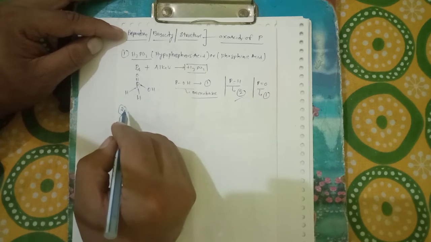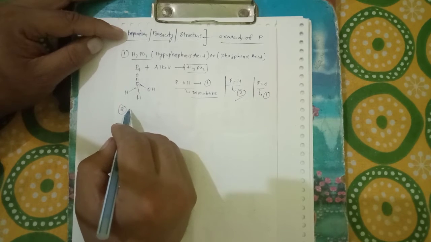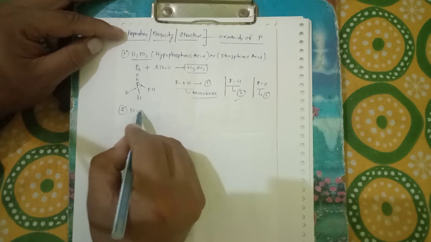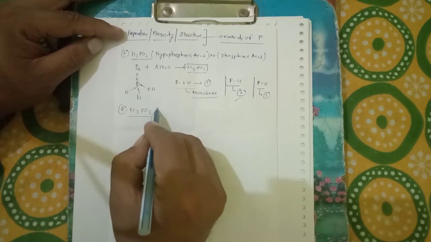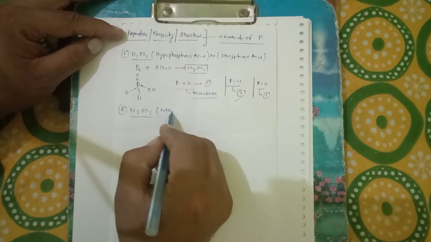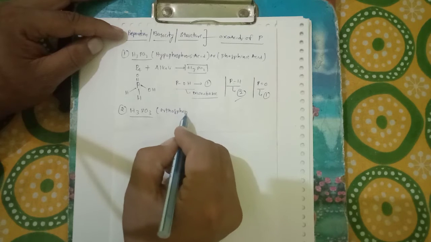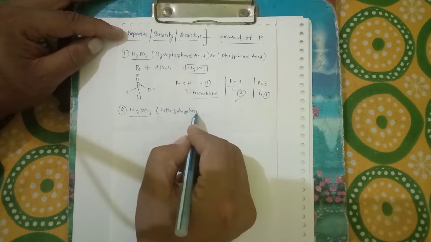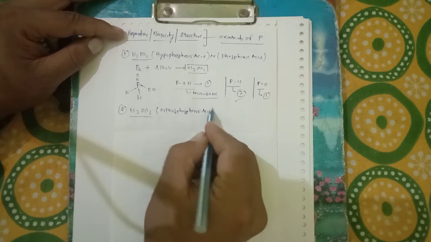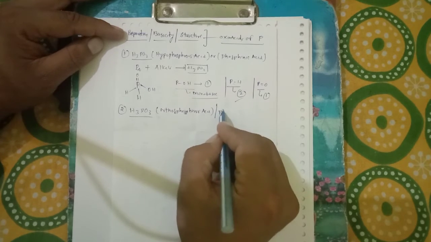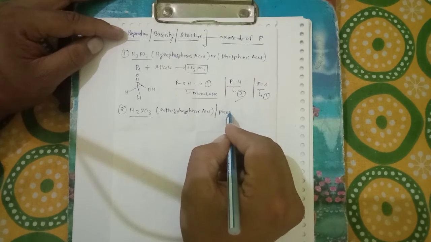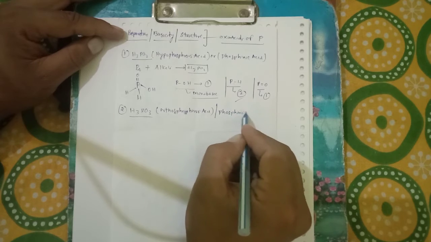Let us see the second oxoacid of phosphorus, that is H3PO3. It is called orthophosphorus acid, or we can say phosphonic acid.